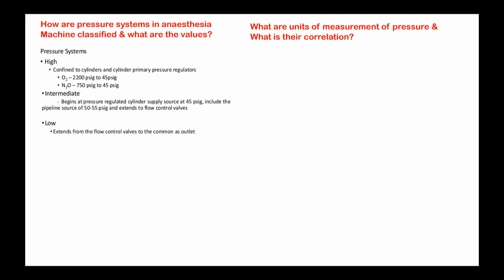Fluids and gases always flow from an area of higher pressure to lower pressure. That is the basic physics. So what is shown in the gauge is the pressure exhibited by the compressed gas. To relate it to the atmosphere, you have to add the atmospheric pressure also, then it becomes the absolute pressure.